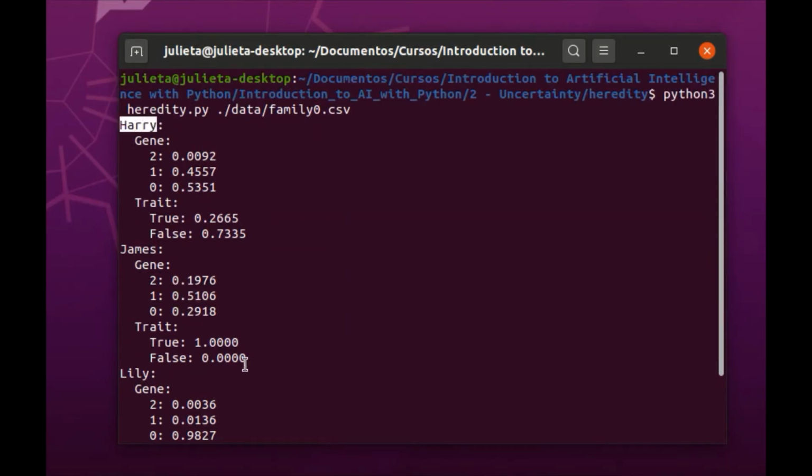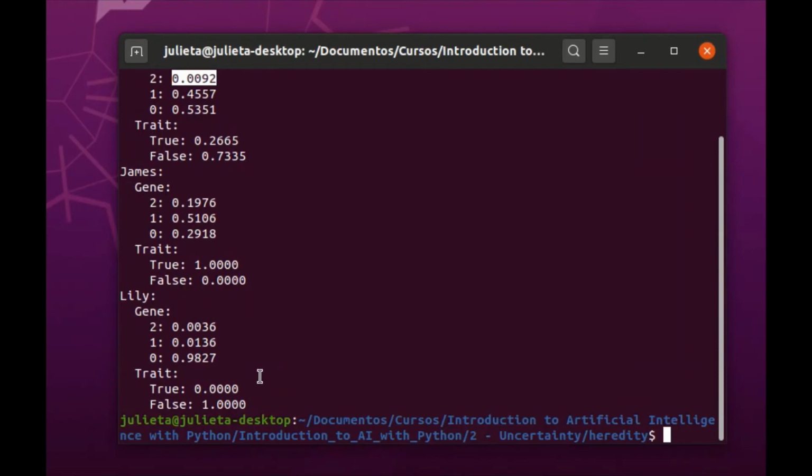Having this information, we can see Harry's values, Harry's probabilities. Here we can see that it's not very likely that he has 2 copies of the gene, because the highest probability in Lily's case is that she hasn't a copy of the gene, so she could not transmit a copy to her son.